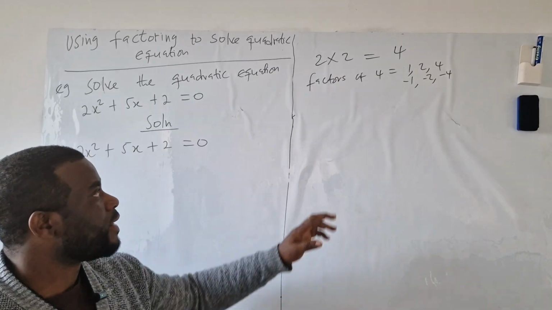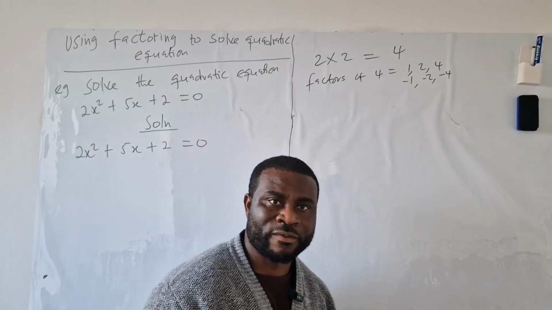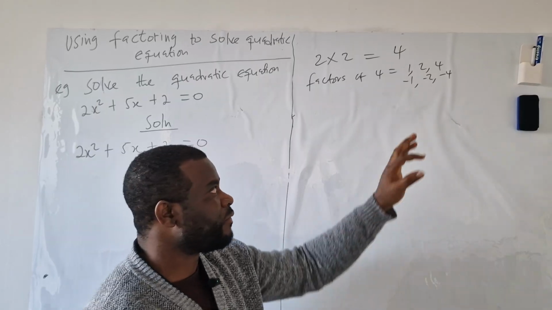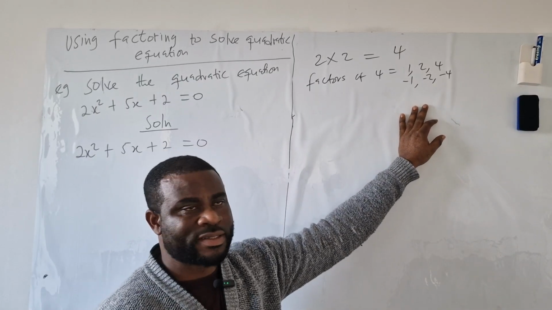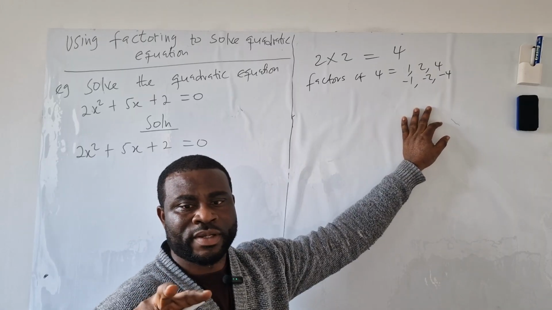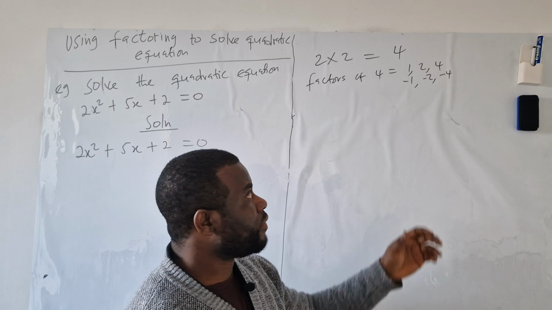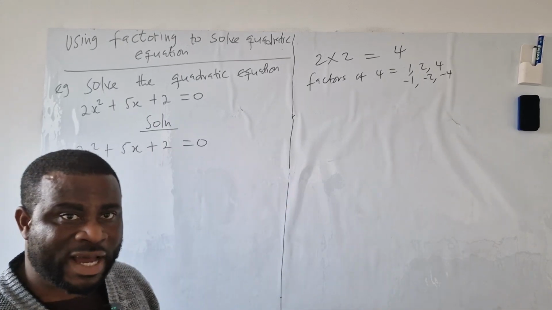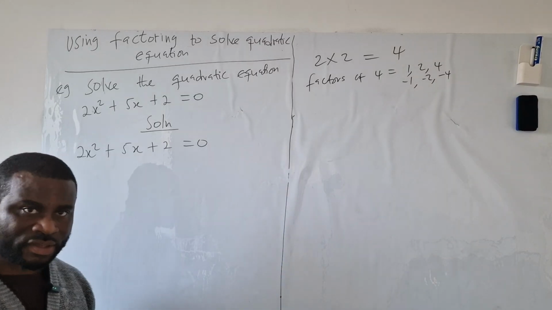Now, having finished finding the factors of 4, what do we do with these factors? We are going to pick 2 of them. These 2 factors you are picking must satisfy 2 conditions.